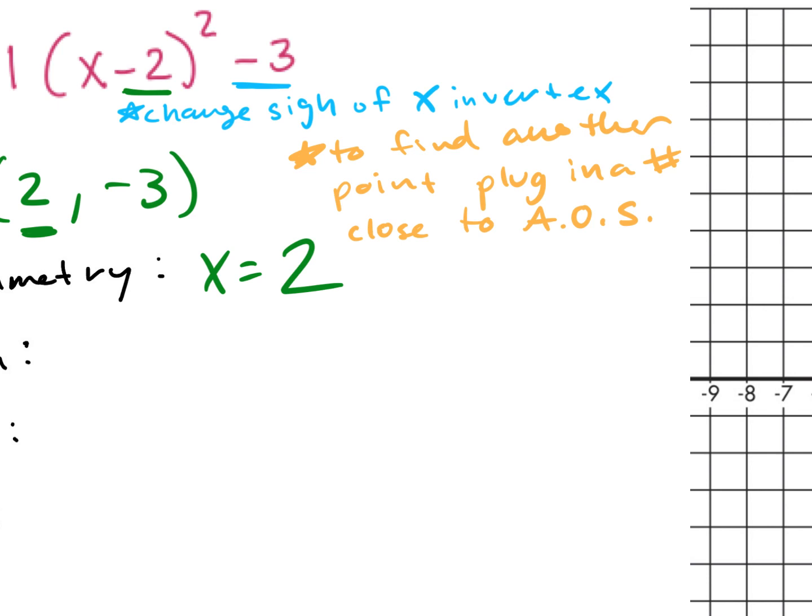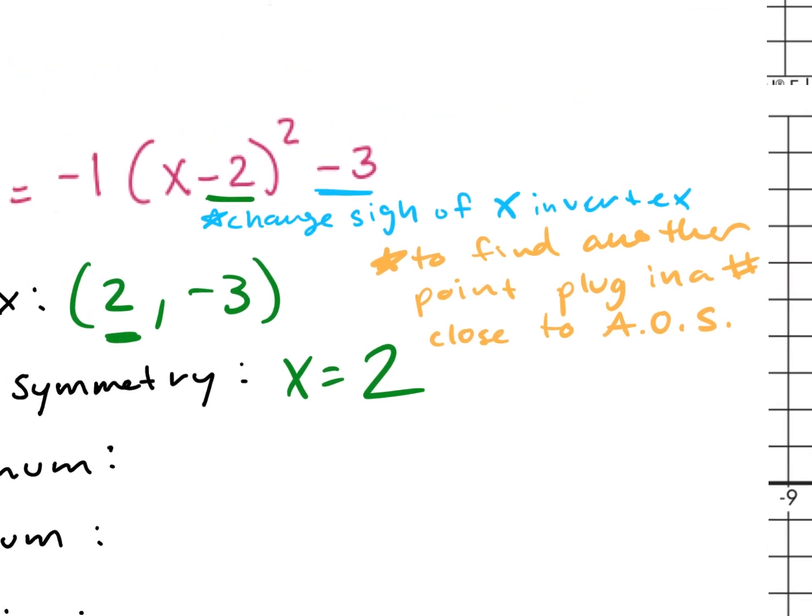So what's a number close to 2? 1. Sure, let's plug in 1. So I'm plugging 1 into the x here and then solving. I have -1 times 1 minus 2 squared minus 3.